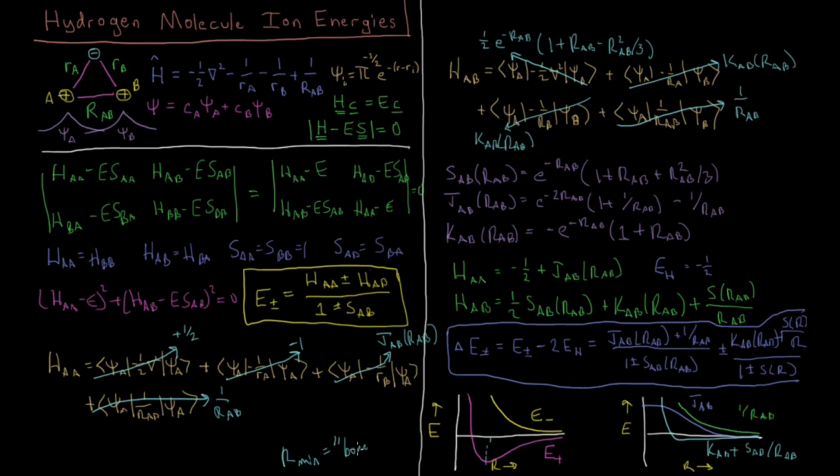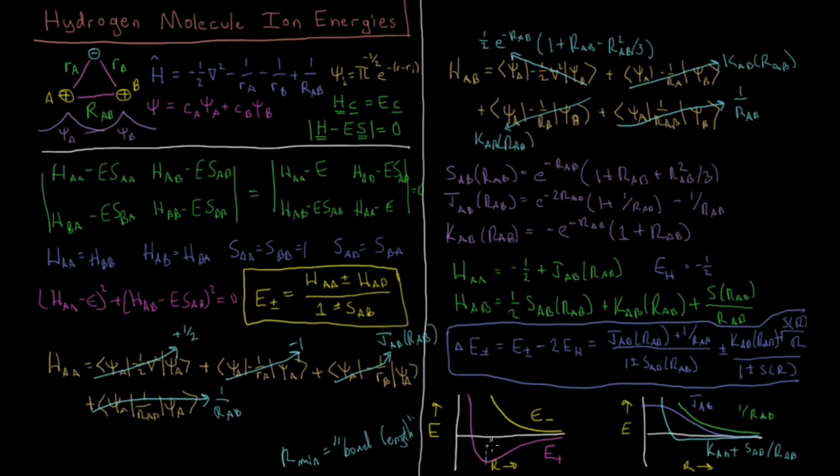So in fact, this very, very simple model, just treating the simplest possible molecule of H2 plus as being two basis functions, the 1s orbital on each nucleus, we use the linear variational method with this trial wave function as a combination of these two. We get these energy expressions here, and then these give us a functional form whose lowest energy state, whose ground state, actually predicts the shape for an interatomic potential energy curve that we had posited way back during the harmonic oscillator videos, that a molecule should have such a shape for this potential energy surface like that.